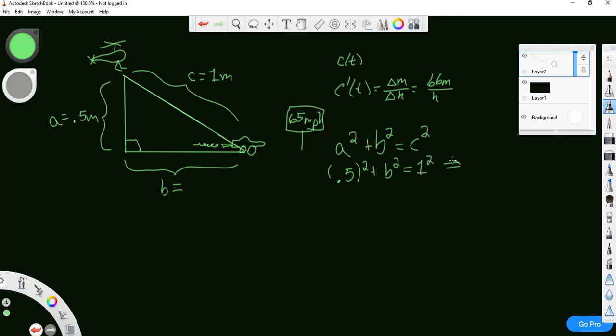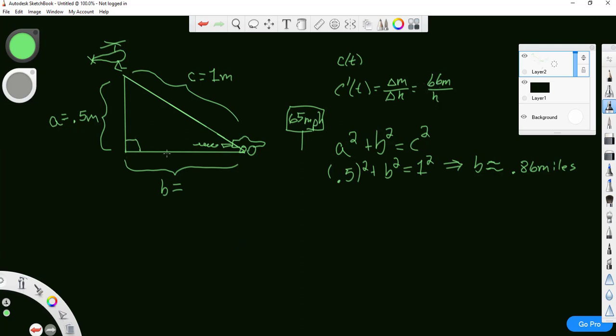And if you do the math on that, we're going to get that B is going to equal approximately 0.86. Now remember, A and C are in miles, so what unit is B going to be in? Well, that's also going to be in miles. But I don't really want to know what B is in miles. What I want to know is what's the rate of change of B, aka how fast am I going? What's my miles per hour?